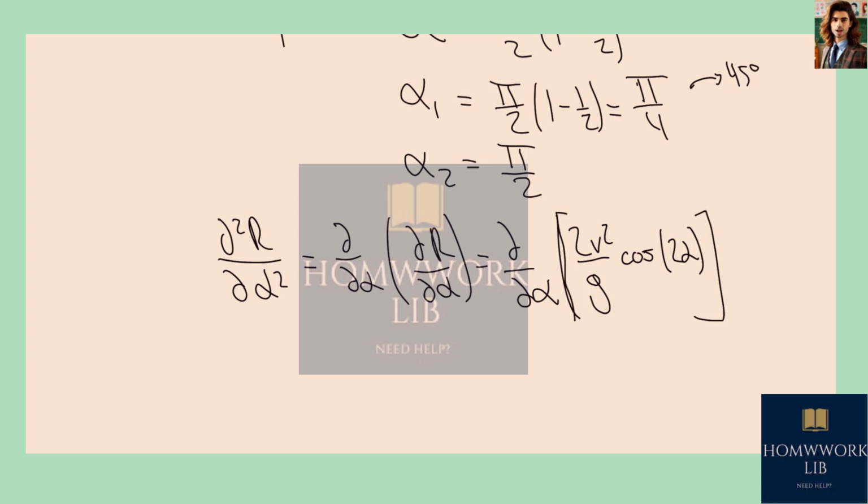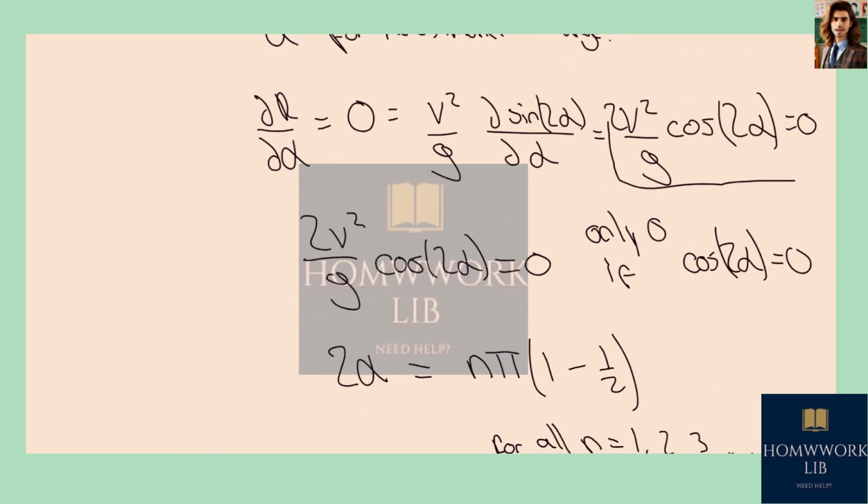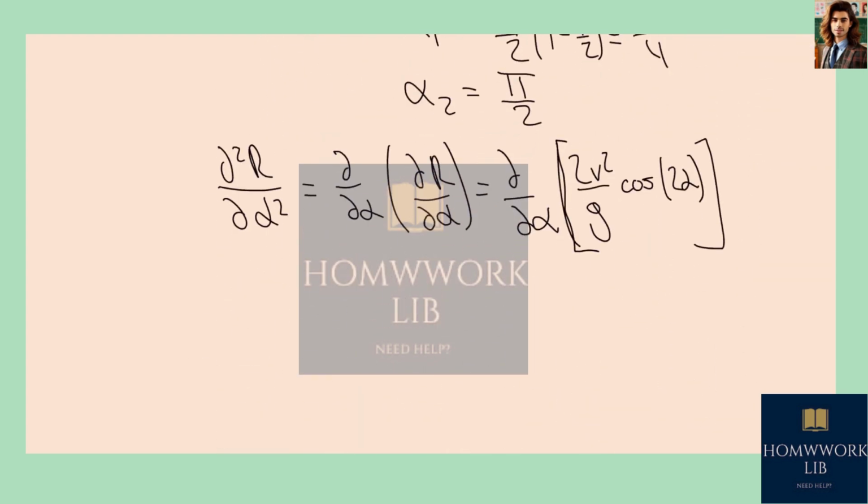Let me put it in square brackets and verify that the result was correct. Yes, 2 b squared over g cosine of 2 alpha. So the second derivative with respect to alpha becomes minus 4 times b squared over g sine of 2 alpha.